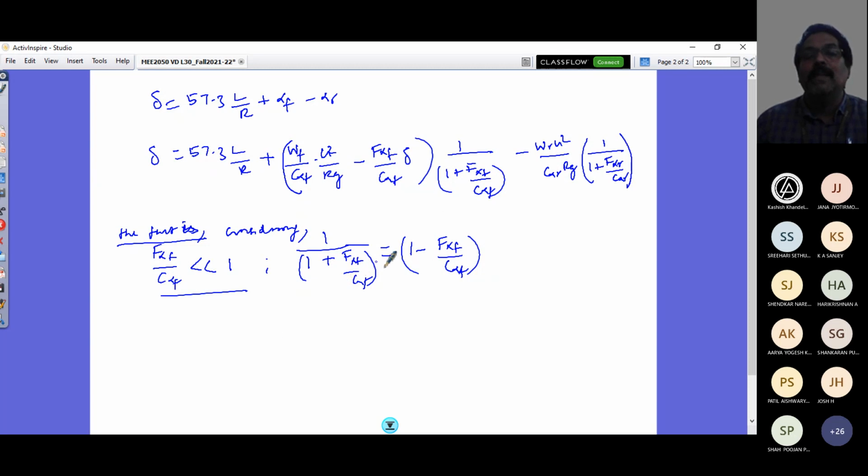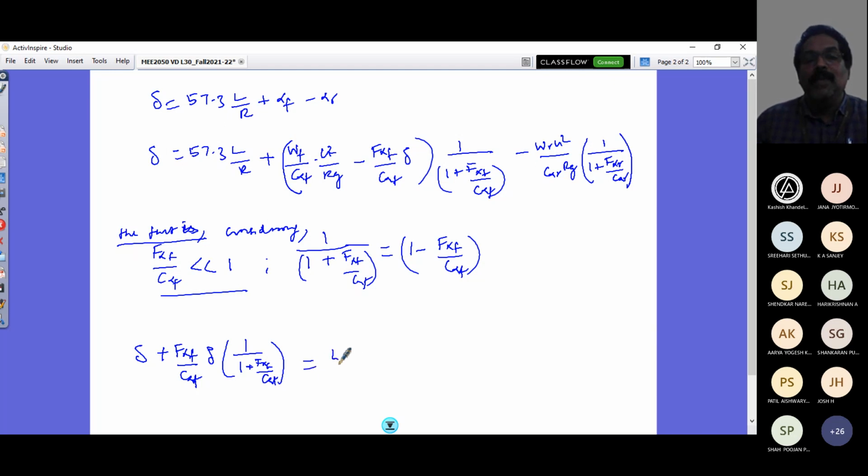So if I do that, it is delta on the left hand side, and this into this factor, if I multiply, the minus becomes plus here. So FXF by C alpha F into delta into 1 by 1 plus FXF by C alpha F, because this is multiplied for this and that term I have taken to this side.